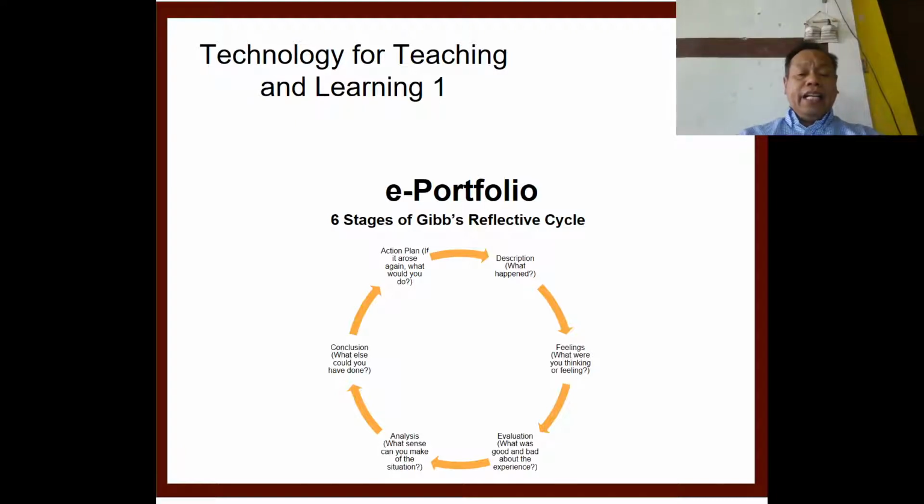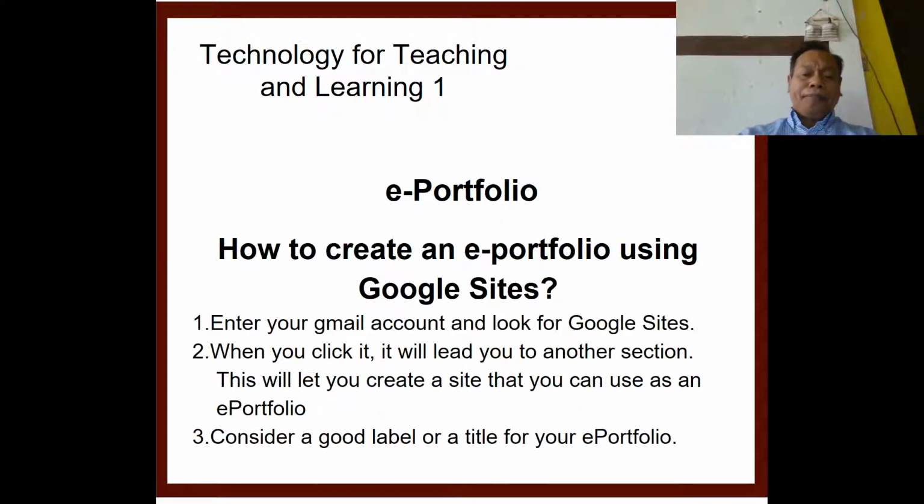Okay, and then the conclusion. What else could you have done? Now, if your conclusion is that you have well understood, have done perfectly the activity, then you do not do any longer the action plan. But if there is something that you want to learn more, you should do the action plan. So this is called Gibbs reflective cycle.